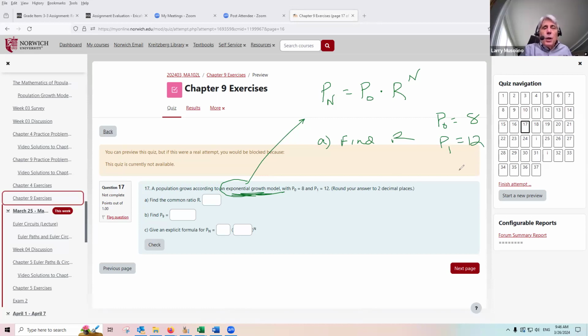So let's go ahead and plug into the formula, and maybe that will help us figure out R. I'm going to write the formula for P sub 1, replacing n with a 1. So P sub 1 equals P sub 0 times R to the exponent 1. What I did here is I just let capital N be 1. The reason I did that is they told us P sub 1 is equal to 12.